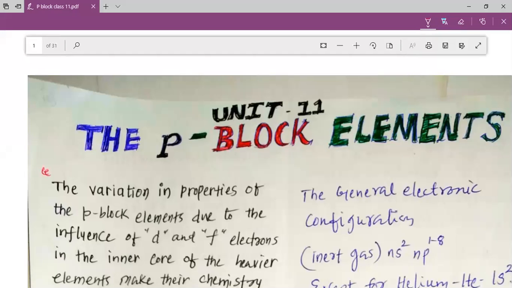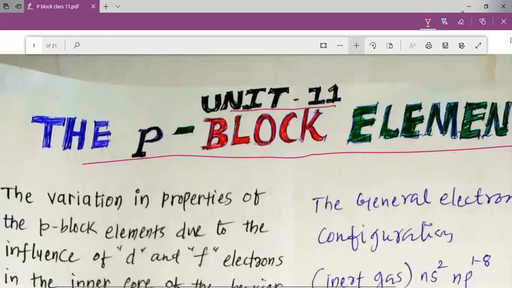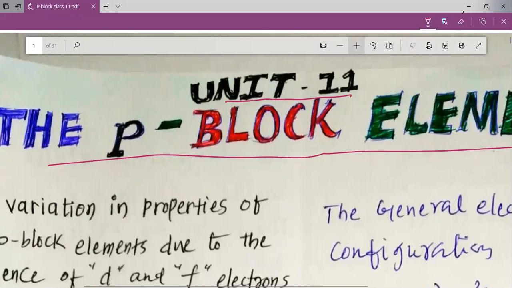So, let us start the class now. So, my dear students, we want to study Unit 11, that is the P block elements. We shall start studying this chapter in detail now.